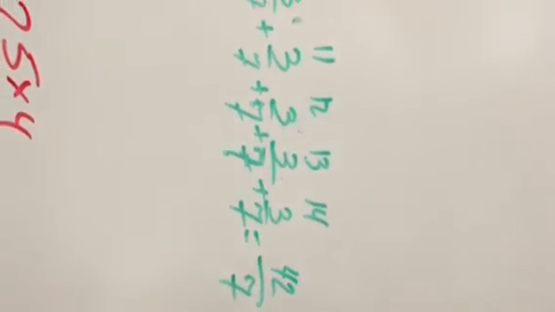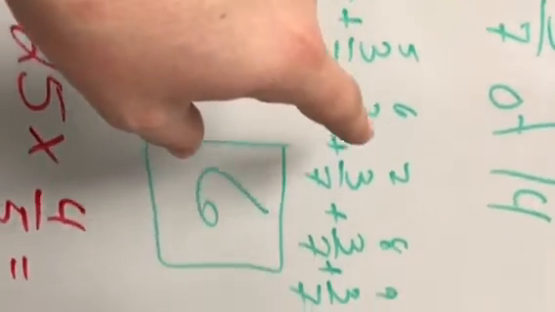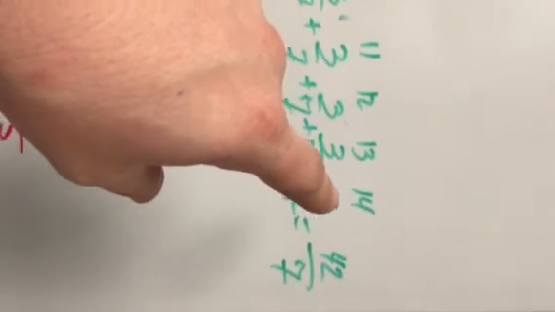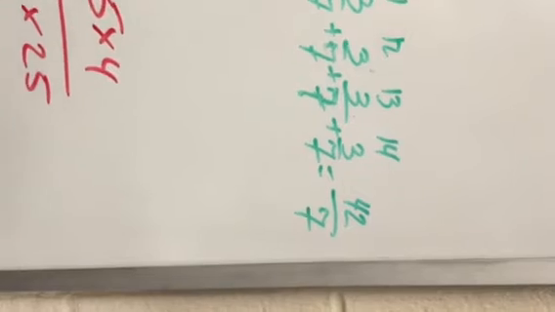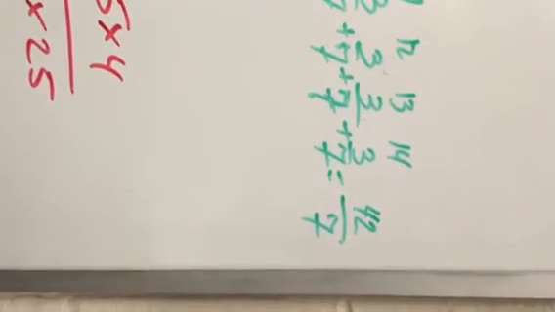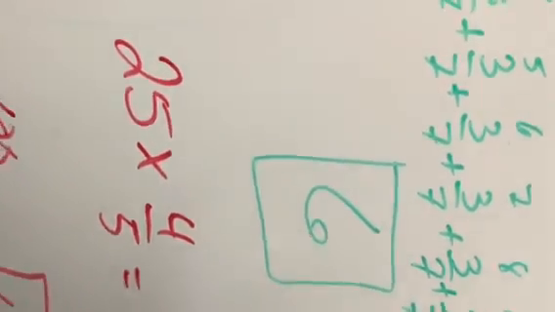Took a lot, but when I did that, I added 3 plus 3 plus 3 plus 3 plus 3 plus 3 plus 3 plus 3 plus 3 plus 3 plus 3 plus 3 plus 3, and I got 42. And then as we know, our denominator stays the same and will stay as 7. And I converted 42/7 for an answer of 6.